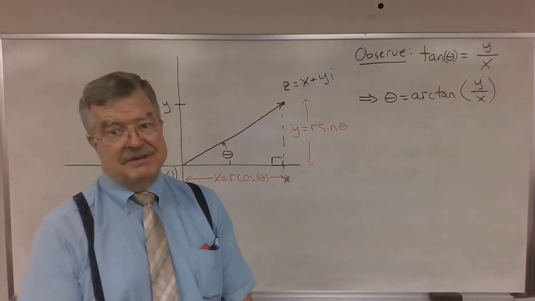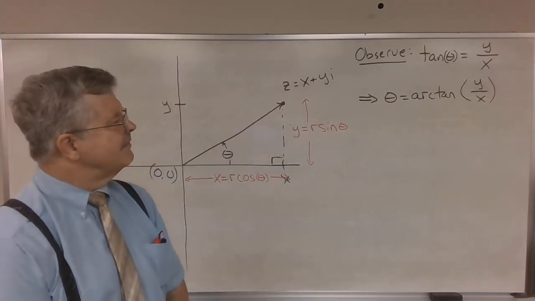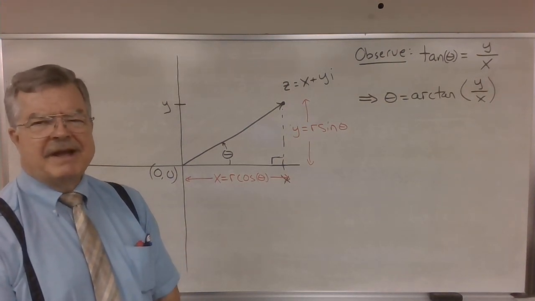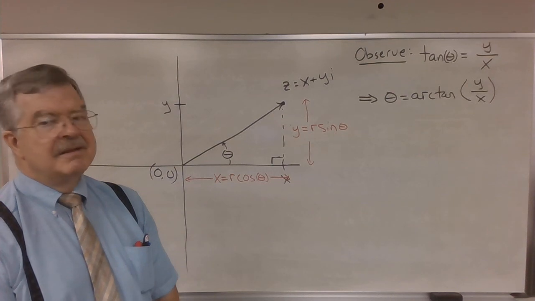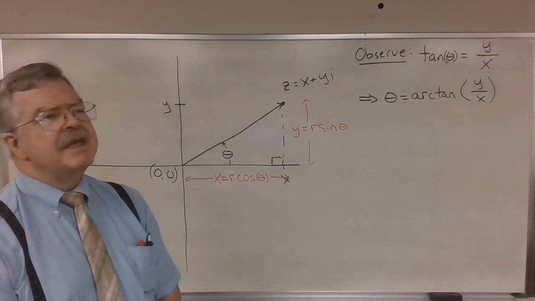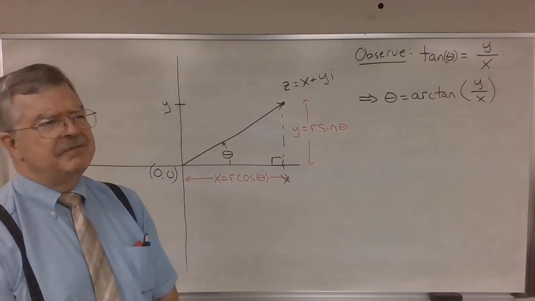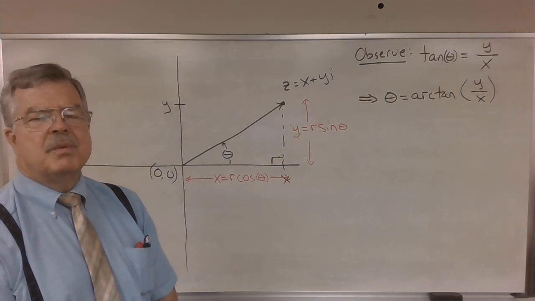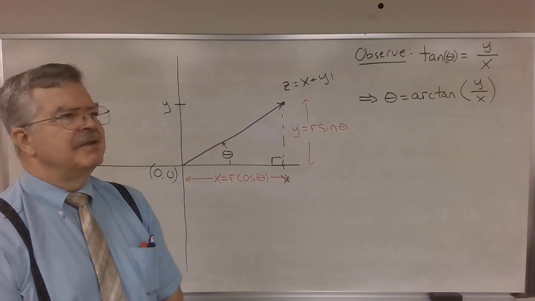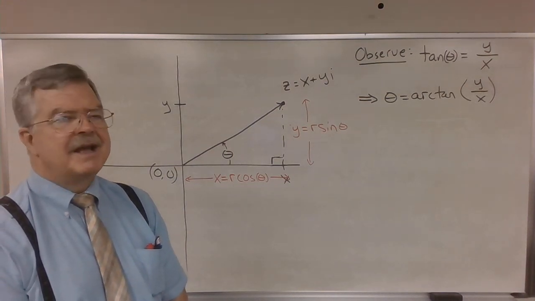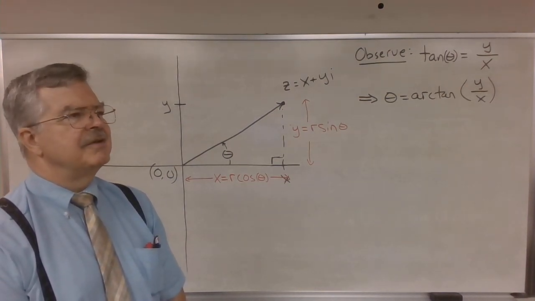And this works for what values of theta? Really, the inverse tangent gives us angles between what and what? Oh my goodness. We've got to go back to Cal 2 or Cal 3 to figure this out.